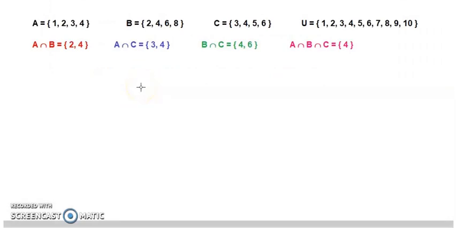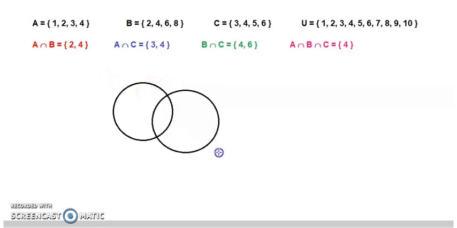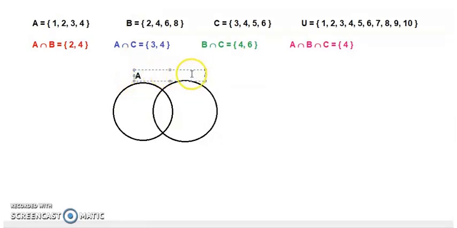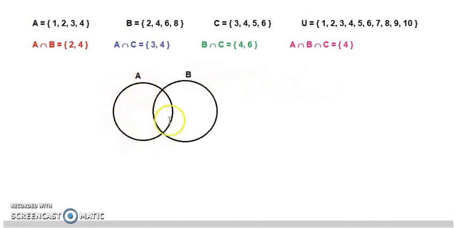Now let's look at how to draw the Venn diagram. Since we have three sets A, B, and C, draw three circles to represent them. For example, this is A and this is B. This area will be A intersect B, the red one.